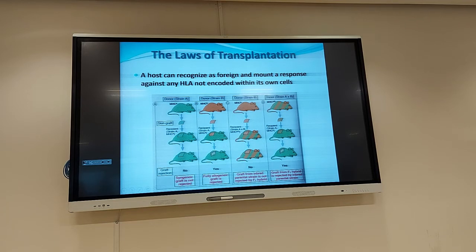In this first case, which resembles an isograft, they took skin from one strain of mouse, strain A, and transplanted it onto another mouse of the same strain, also strain A. And you find that in that kind of transplant, there is no rejection. Basically, this is like a clone of a mouse being transplanted with skin from an identical genotype. Yes? Same strain meaning same genome? Yeah, same genome. All right?